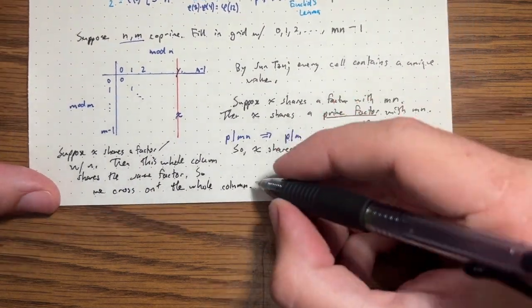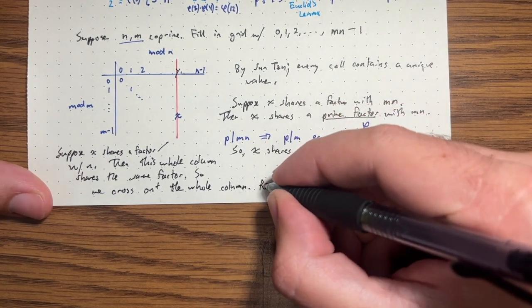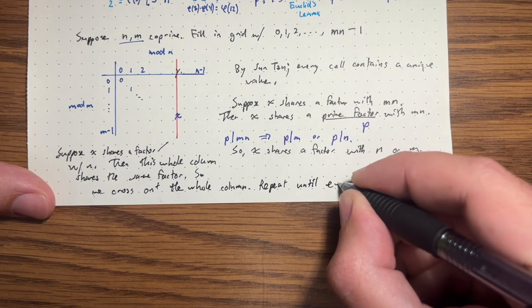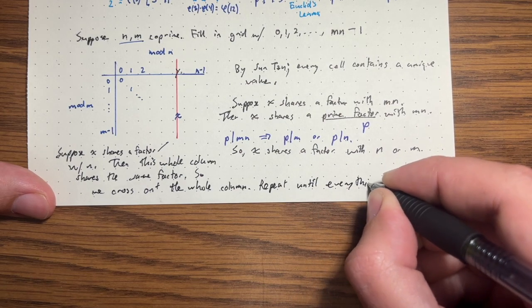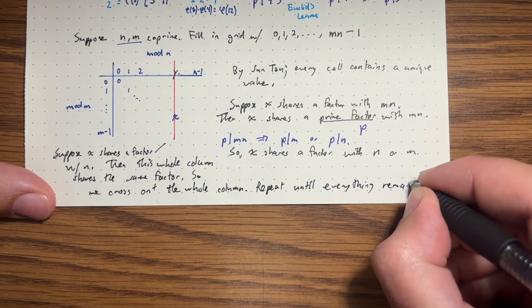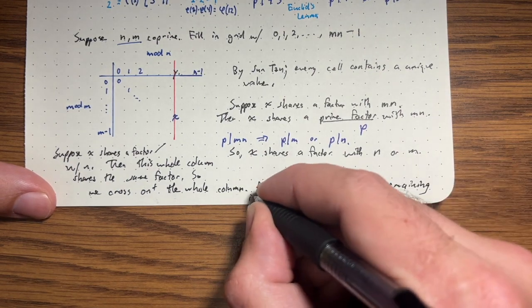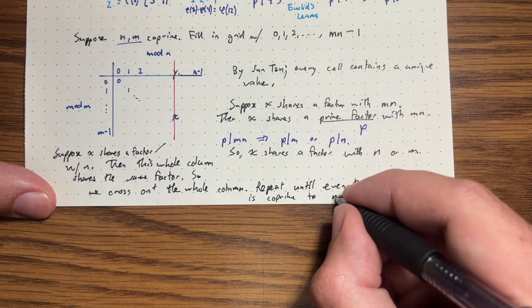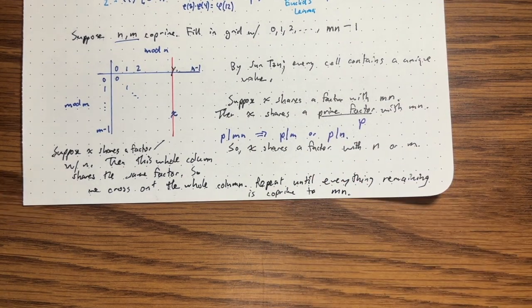Okay, and then we repeat until everything remaining is coprime to n, because there are finitely many things here.